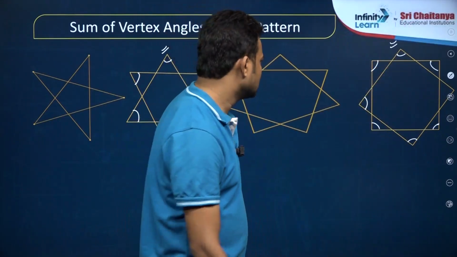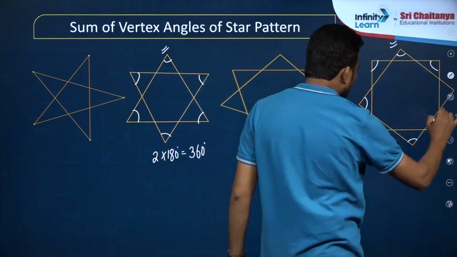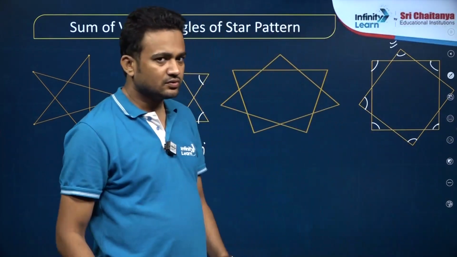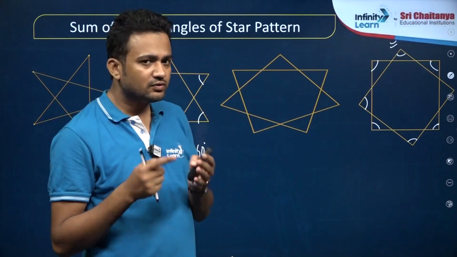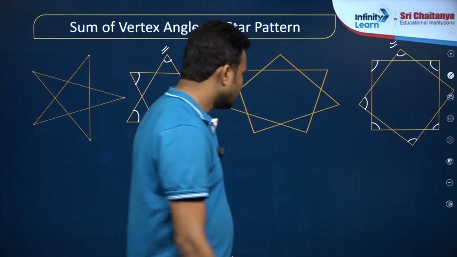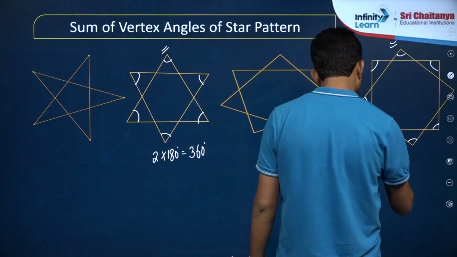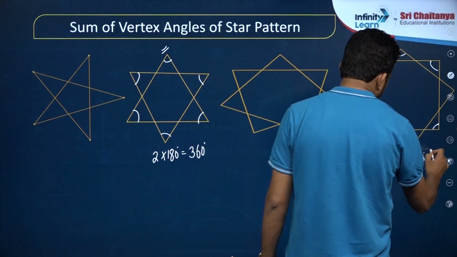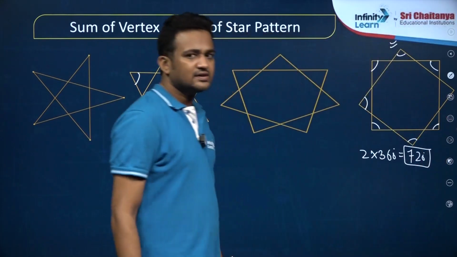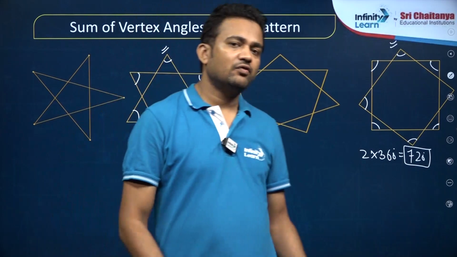Okay, so how will we do this? We know that sum of interior angle of one quadrilateral is 360. So what will be the sum of interior angle of two quadrilaterals? So it will be 2 into 360. And what is 2 into 360? That is 720 degree.